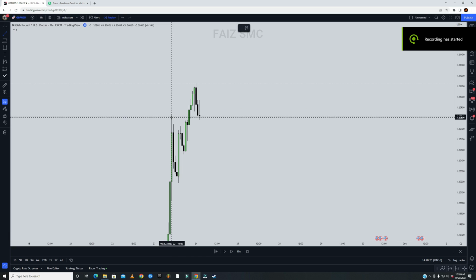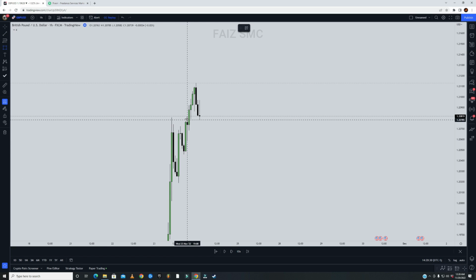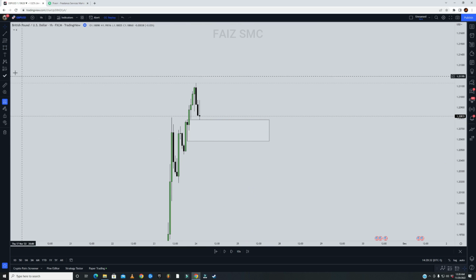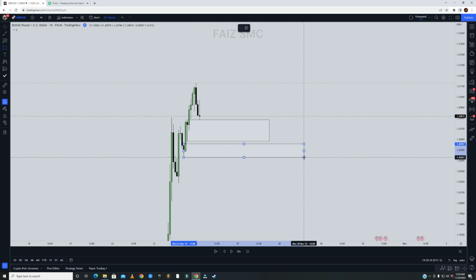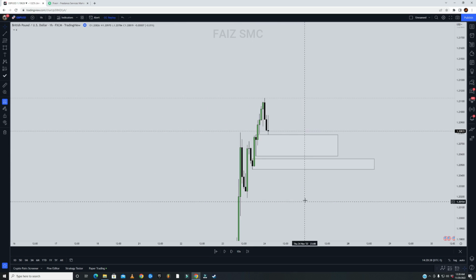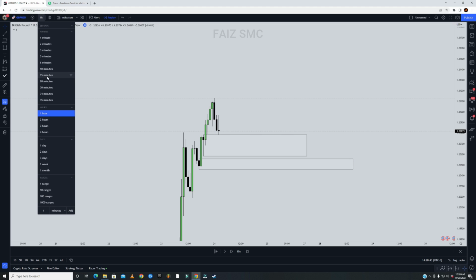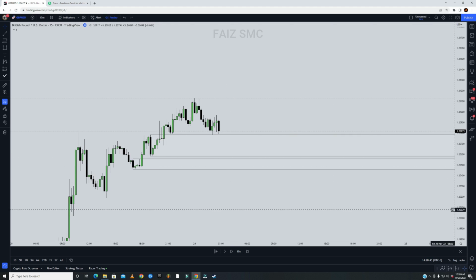As you can see, we had a break of structure here, and we have this order block right here. And we also have this order block and this order block, but I know where price is going to react from, so I don't need to mark this. Of course, this is hindsight. So let's go back to the 50-minute time frame and refine our order block.